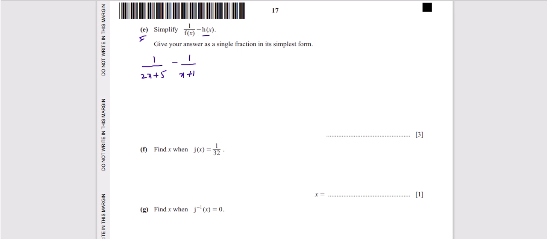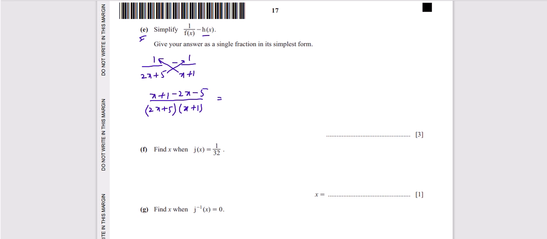So simplify here: x plus 1 multiplied on this side, and 2x plus 5 multiplied with minus 1. 1 times x is x. 1 times plus 1 is plus 1. Minus 1 times minus 2x is minus 2x. And minus 1 times 5 is minus 5. Divided by 2x plus 5 into x plus 1.